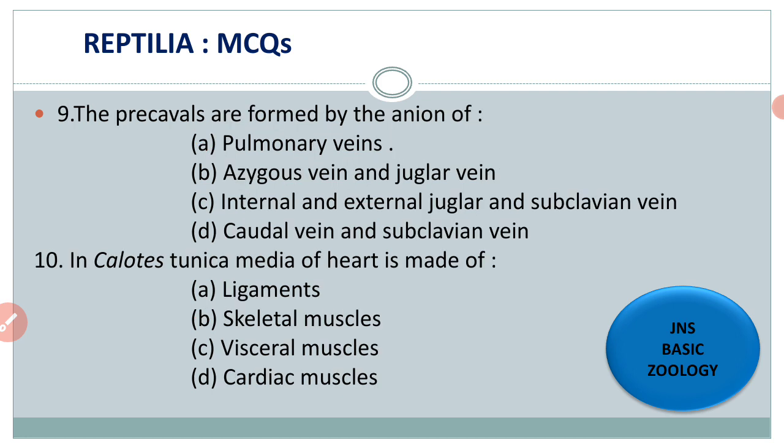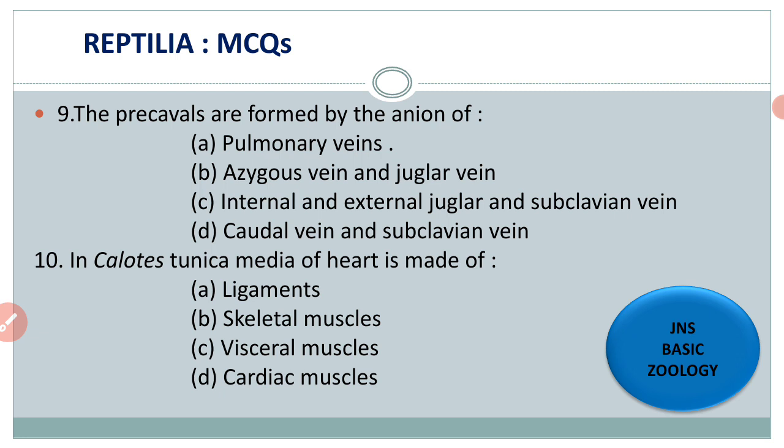Next one, the precavals are formed by the union of which two types of veins? A. pulmonary veins, B. azygous vein and jugular vein, C. internal and external jugular and subclavian vein, and D. caudal vein and subclavian vein. The precaval is a paired vein which collects blood from the head region.